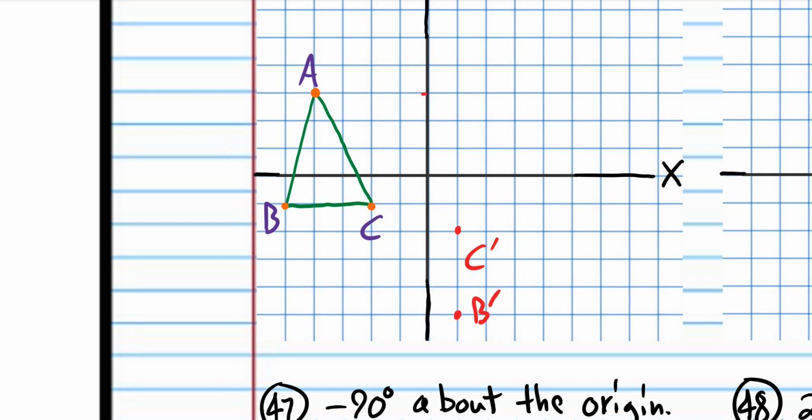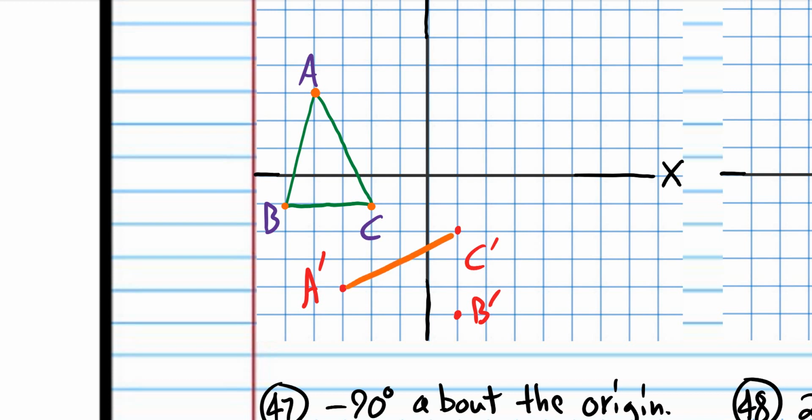And then A, we go out 1, 2, 3, 4, and then 1, 2, 3. So if we rotate that 90 degrees, that would be down 4 and over 3. So 1, 2, 3, 4, 1, 2, 3. And that would be A prime. Now we can just connect the dots.